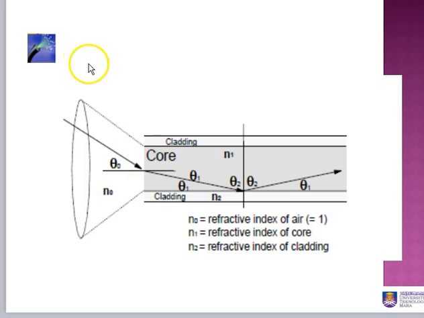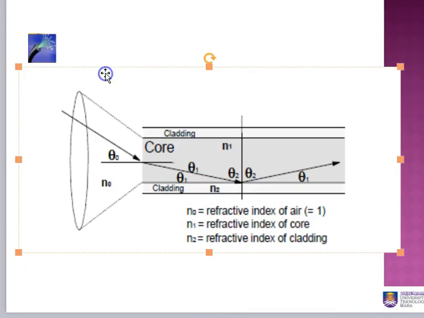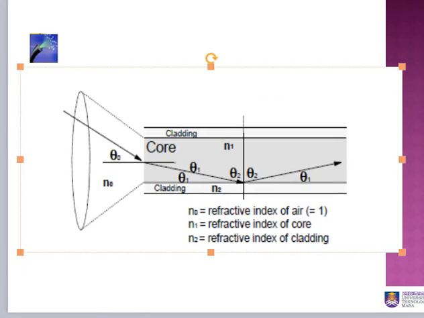What will happen if the light is greater than the numerical angle of acceptance? We'll see here.